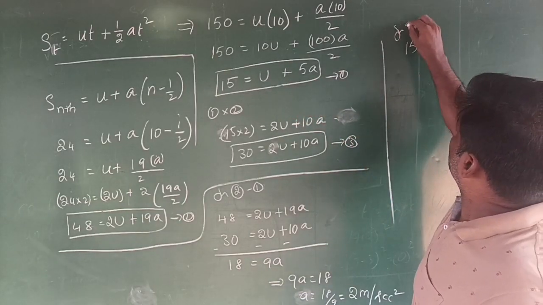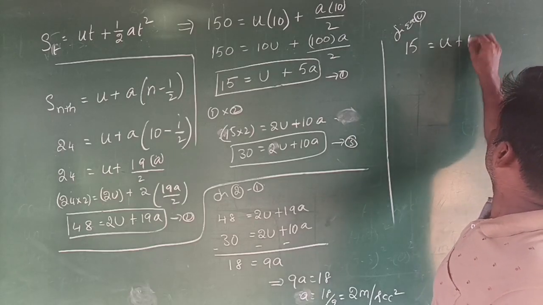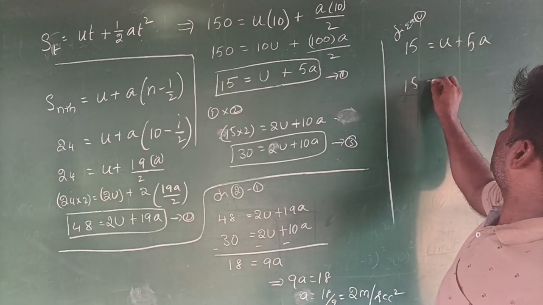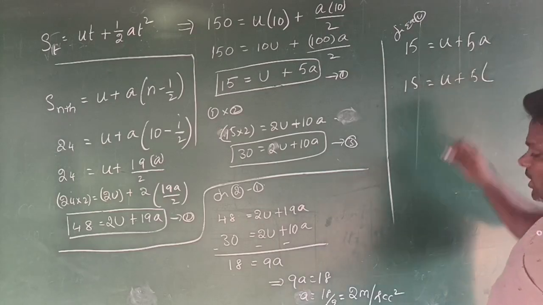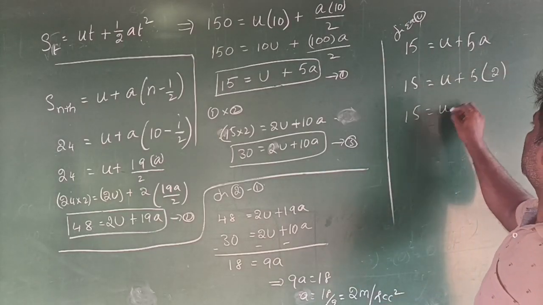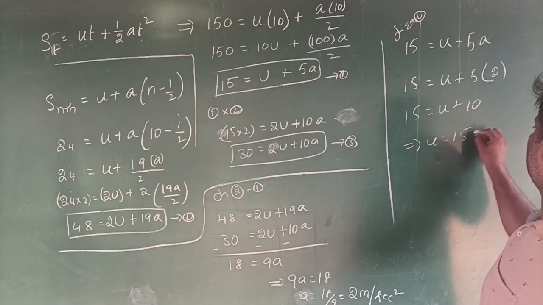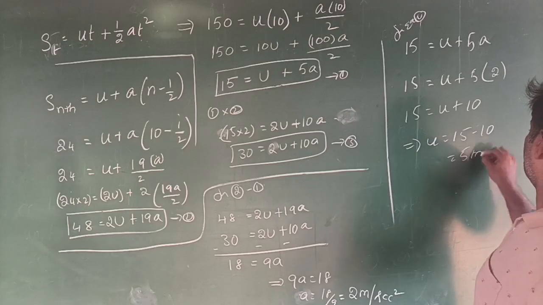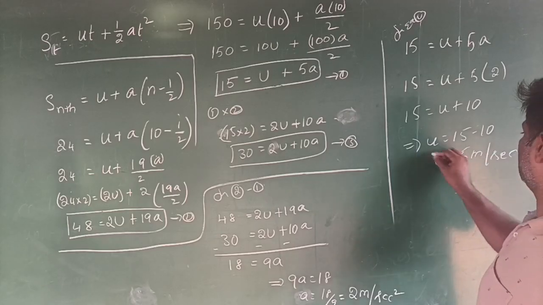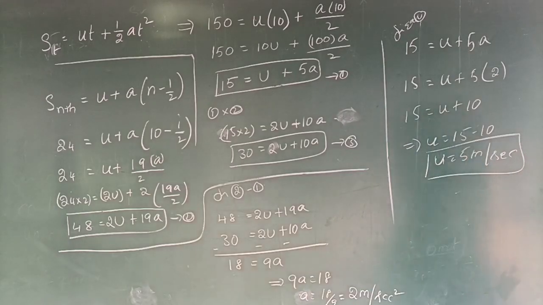From equation 1, 15 is equal to u plus 5a. A is how much we got? 2. So 15 is equal to u plus 10 implies u is equal to 15 minus 10, 5 meter per second. This is how you get the value of initial velocity.